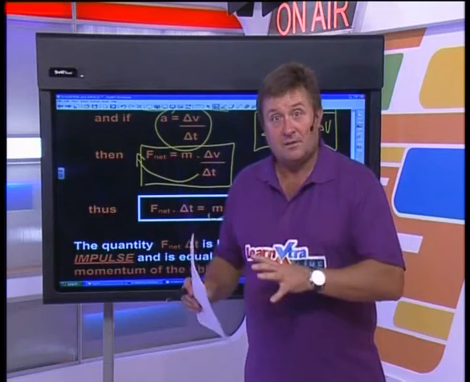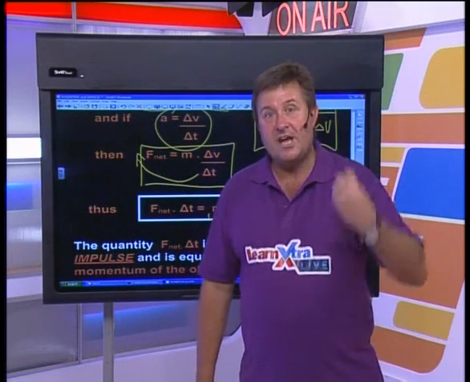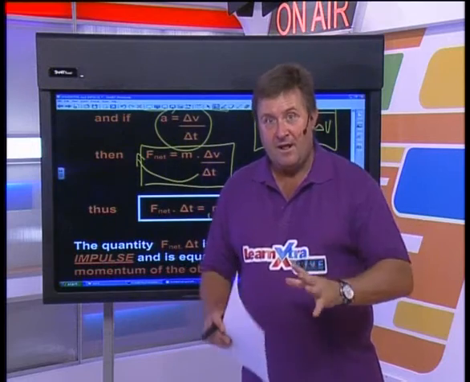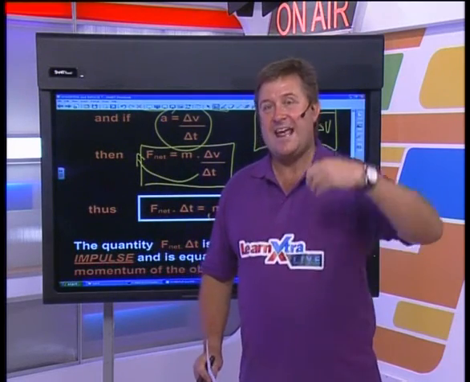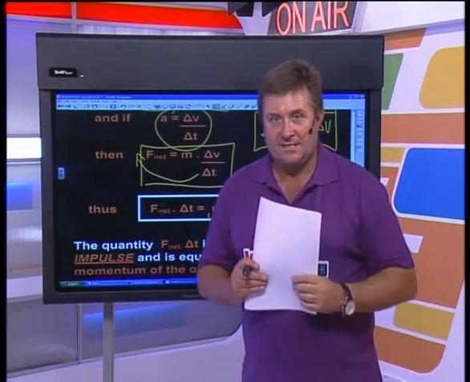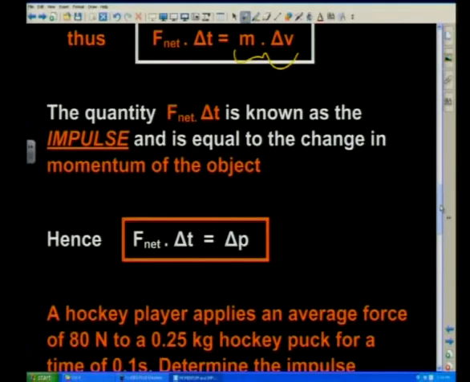So guys, the word impulse isn't so scary anymore, is it? The word impulse is simply another way of talking about the change in momentum. However, that change in momentum, or that word impulse, now has another way of calculating it: simply by saying that F net delta t is equal to delta p, and that impulse is equal to F net times delta t.